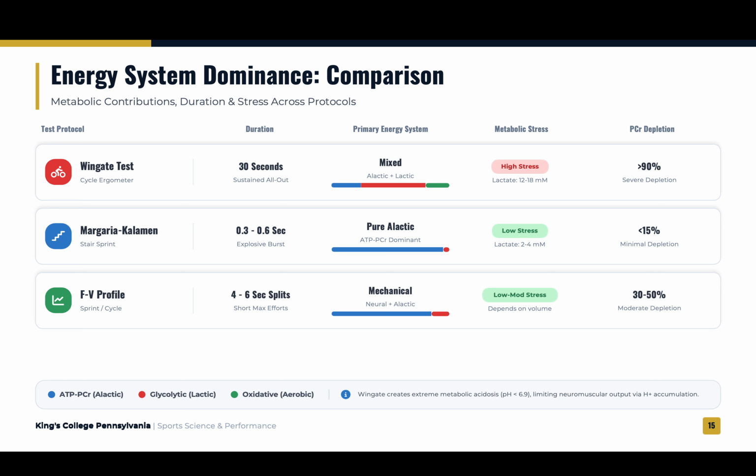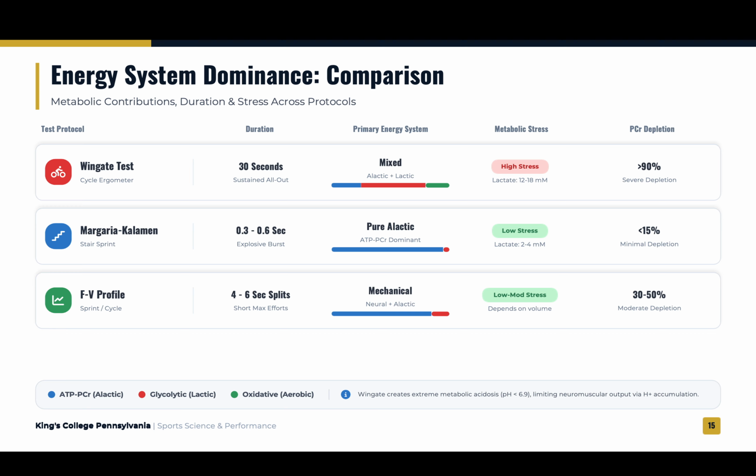Here is basically a comparison of the system dominance in each test. You see the Wingate is basically a high stress metabolic test with severe PCr depletion.